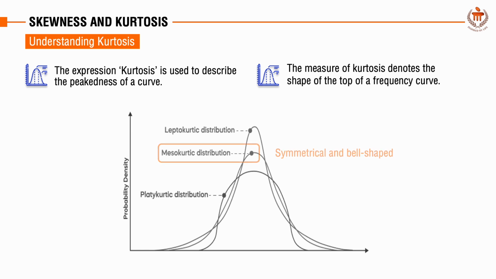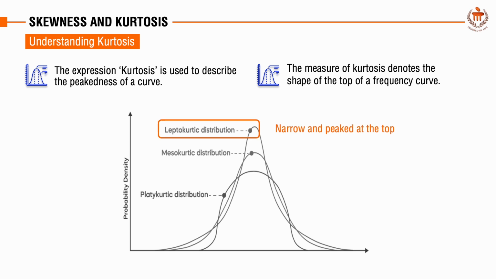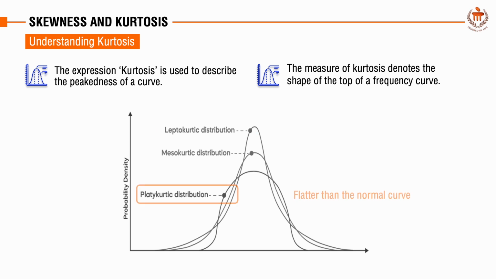A mesokurtic distribution is symmetrical and is the standard normal distribution pattern. Leptokurtic is narrow and peaked at the top. Platykurtic is flatter than the normal curve.